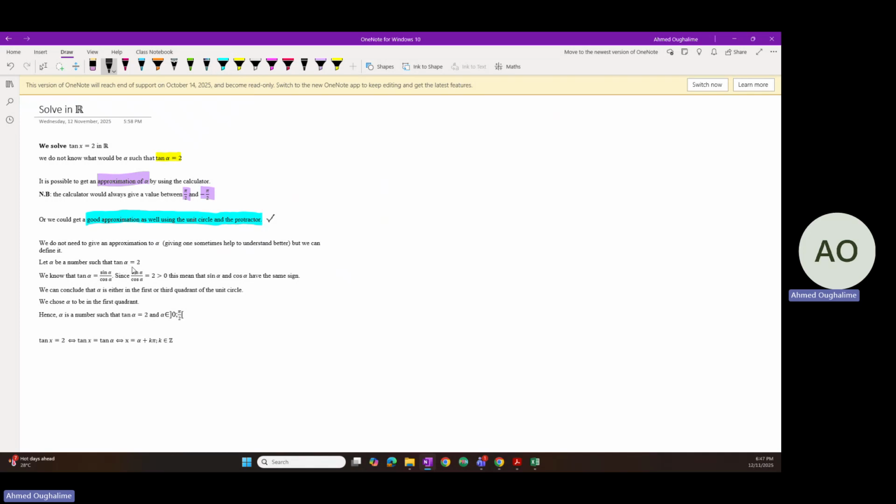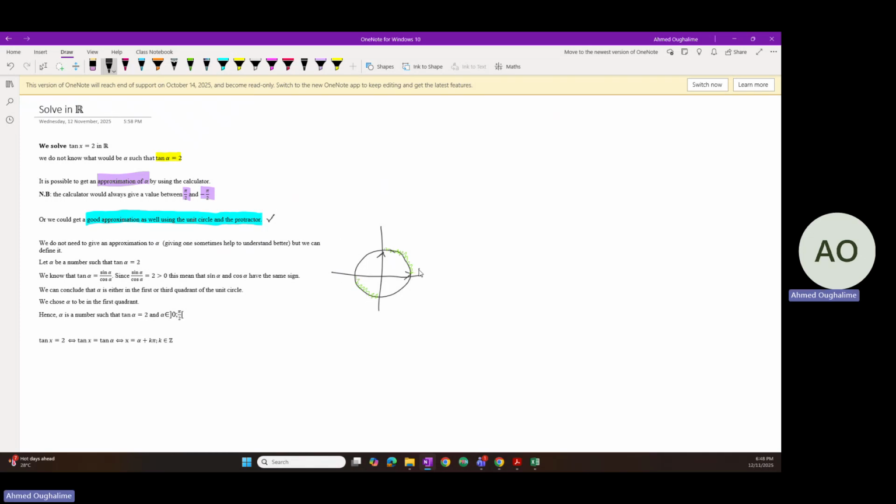So I have tan alpha equal to 2, and I know that tan alpha is sin alpha over cos alpha. Since sin alpha over cos alpha is positive, this means that sin alpha and cos alpha both have the same sign. For sine and cosine to have the same sign, we should be in this quadrant or in this quadrant of the unit circle.